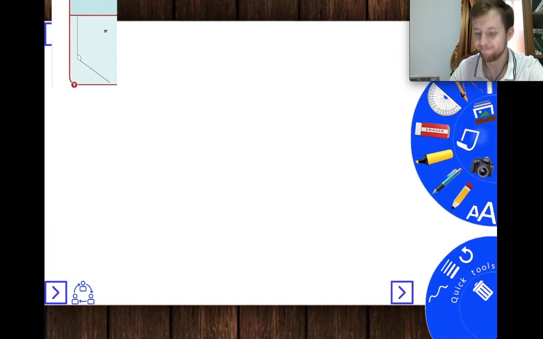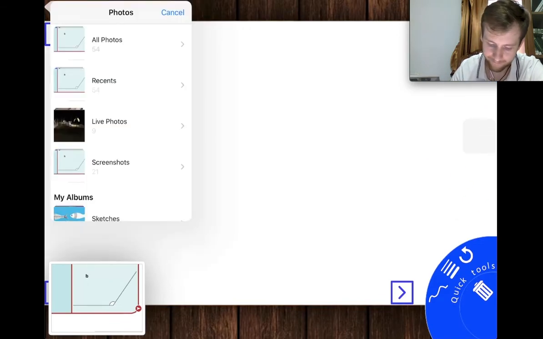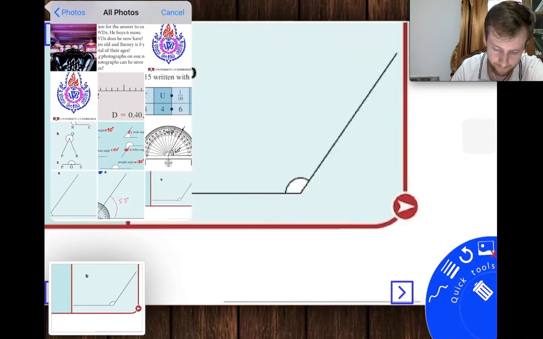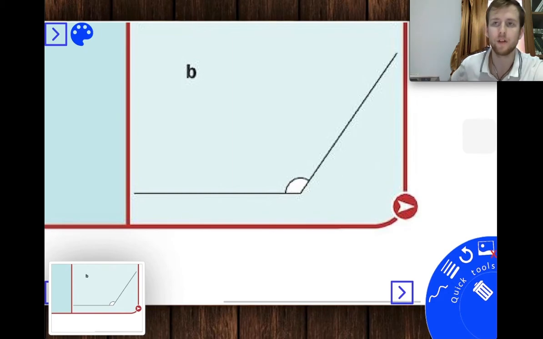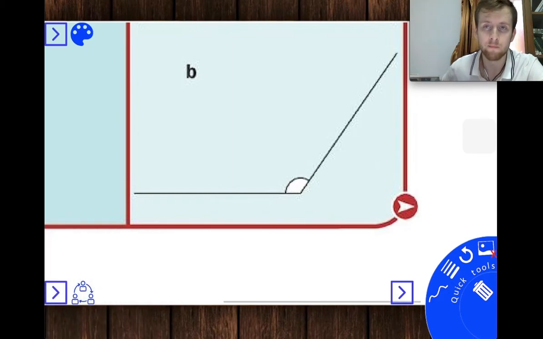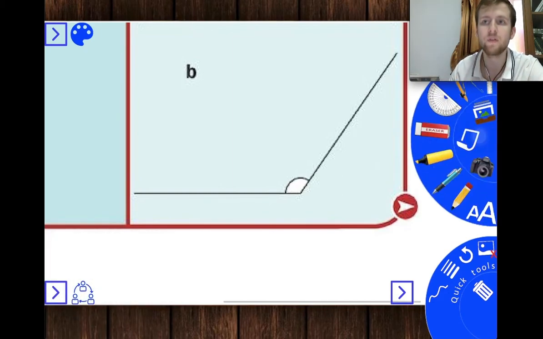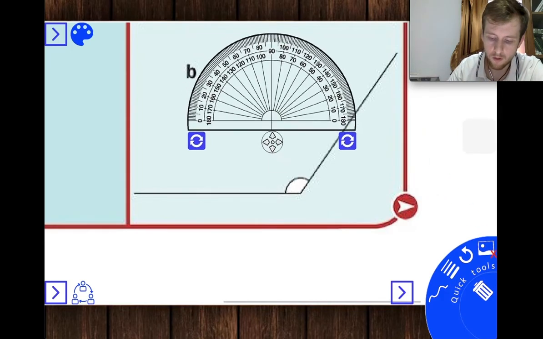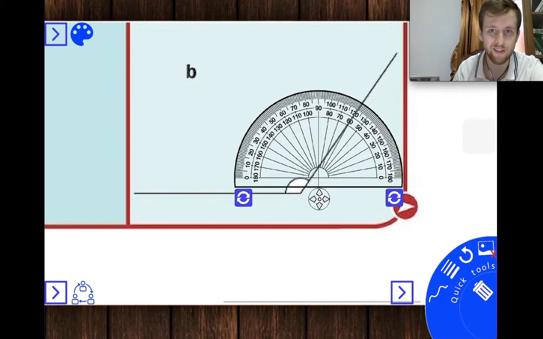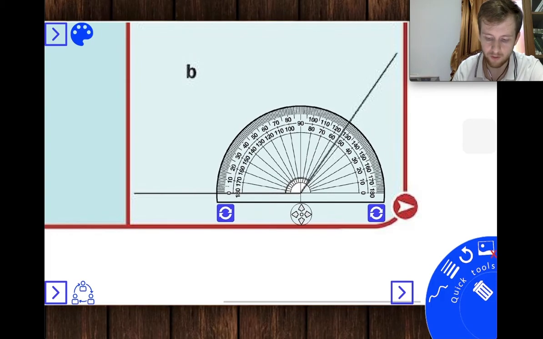Yeah, that's definitely more workable, I would say. So we take a protractor again, and okay, this one is a bit tricky.